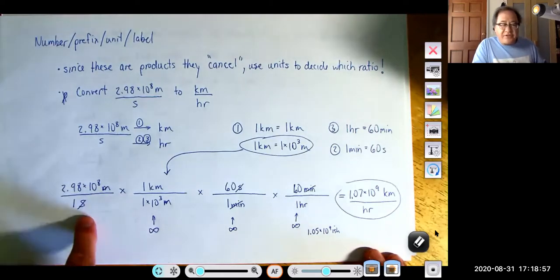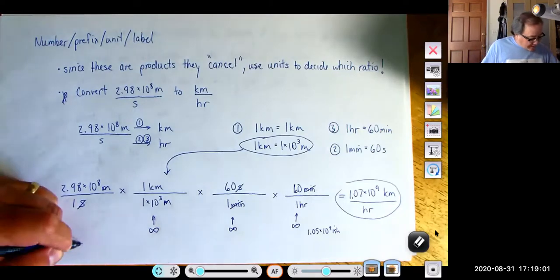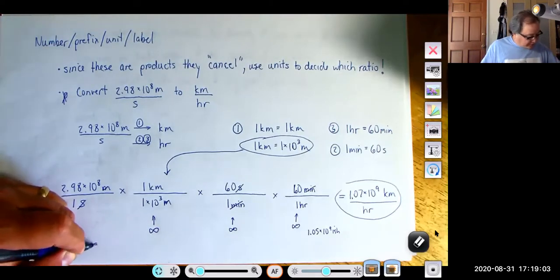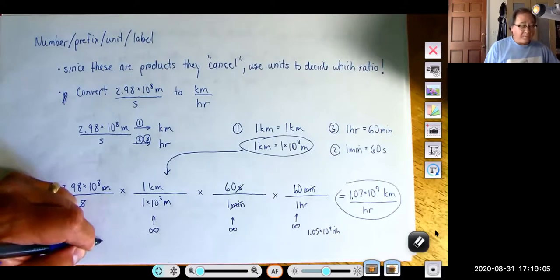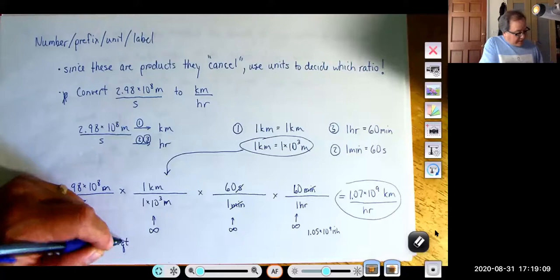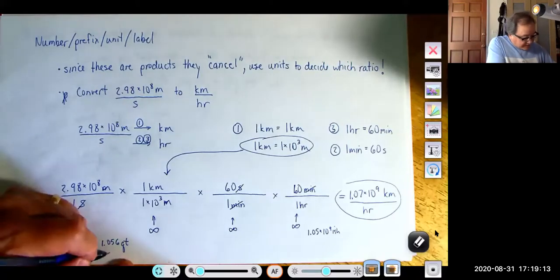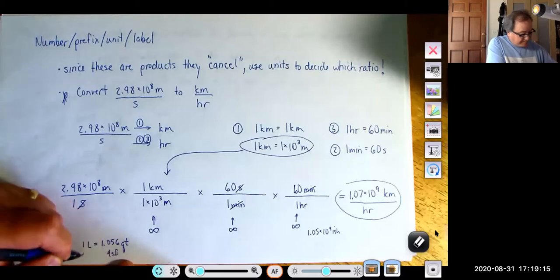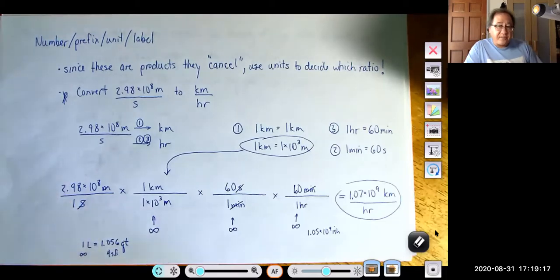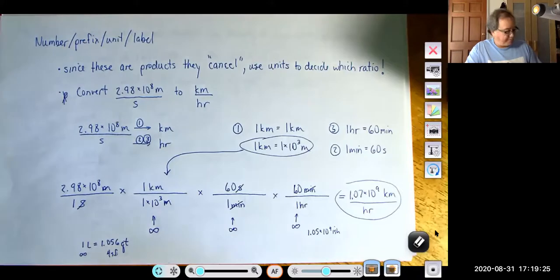But whenever you see something along the lines of 1 liter is equal to 1.056 quarts, the idea here is that this is 4 sig figs, but this is infinite. I have seen some books write out 1.056 quarts is equal to 1.000 liters so that they have the same number of digits on each side.